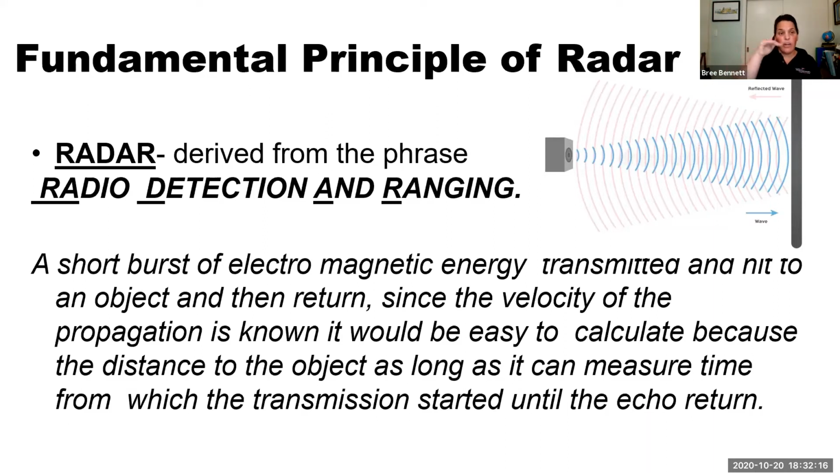That being said, when the electromagnetic energy hits something and then comes back, it comes back way, way weaker than it did when it went out. So it's a very weak thing, and then we put it into our receiver, which amplifies it so that we can change that very weak pip or signal into something that we can see on the screen.